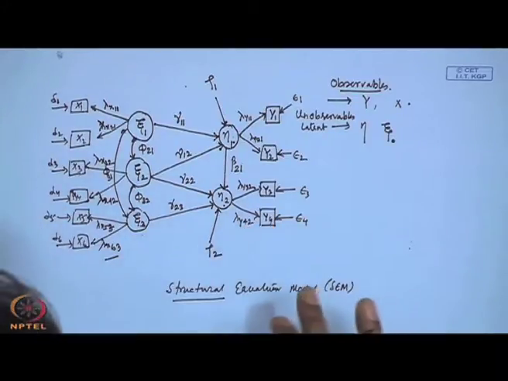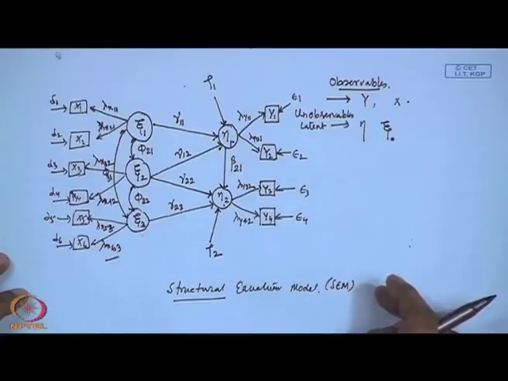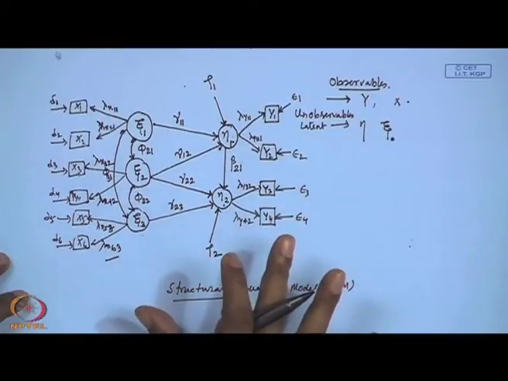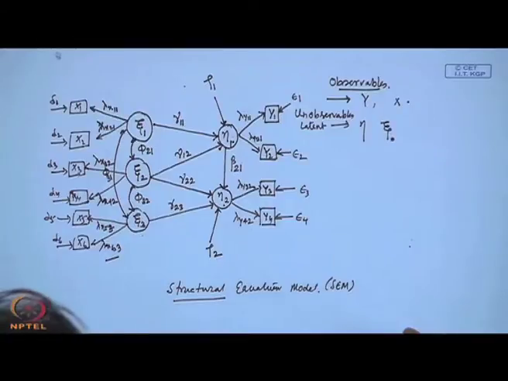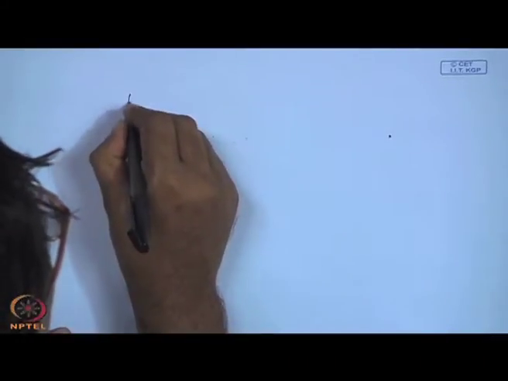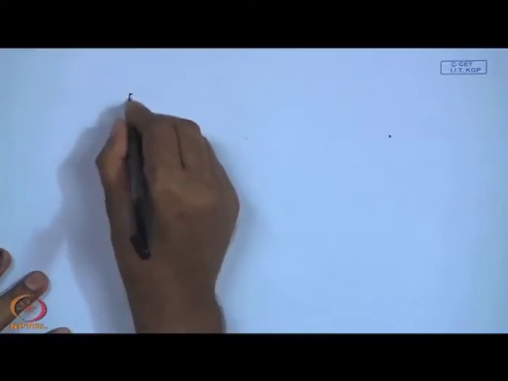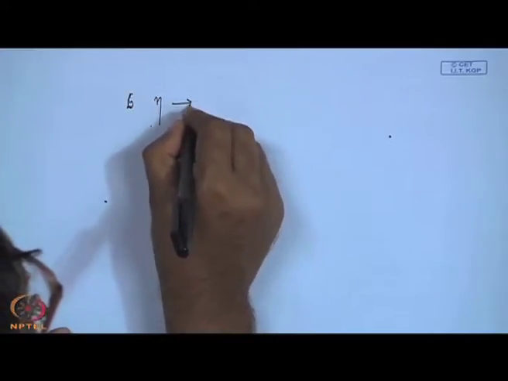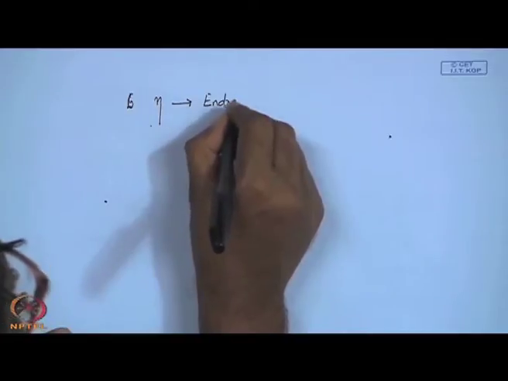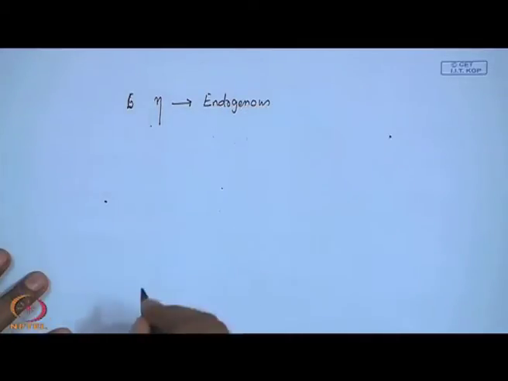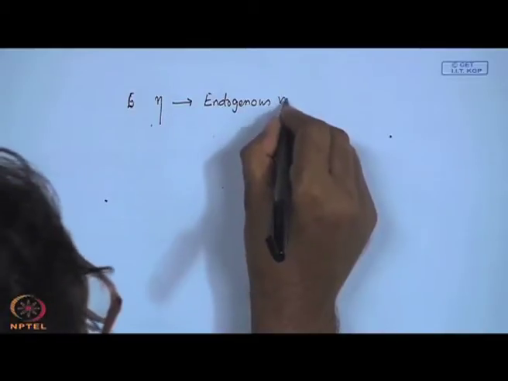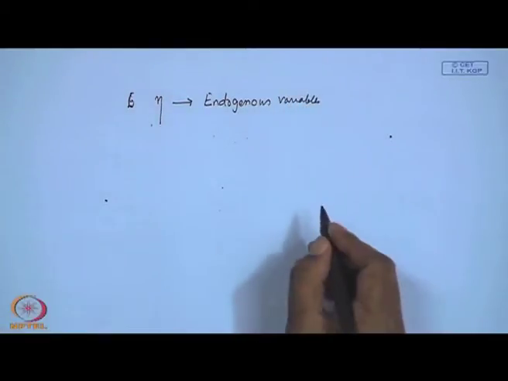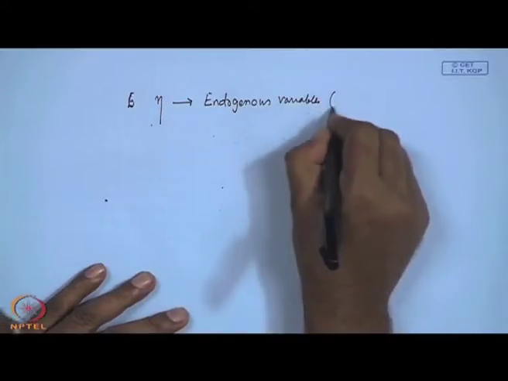Now, how to estimate this is a big issue, and we will describe all these things later on. But with this structure, I want to give you some names of the variables. In structural equation modeling, all eta will be termed as endogenous variables. It is basically the dependent latent.